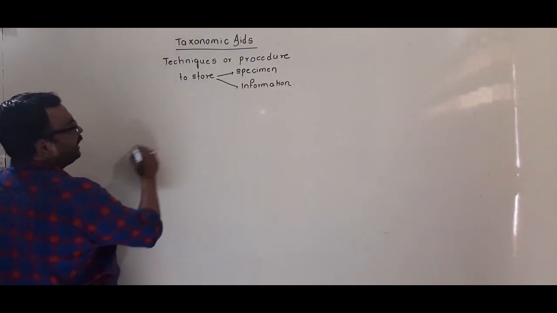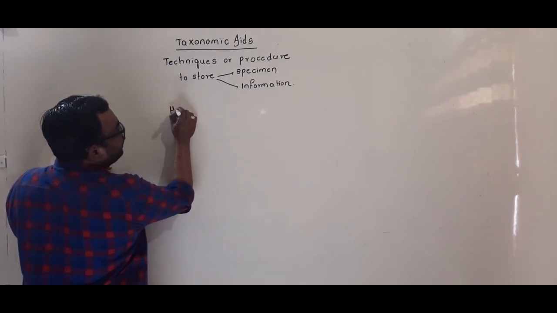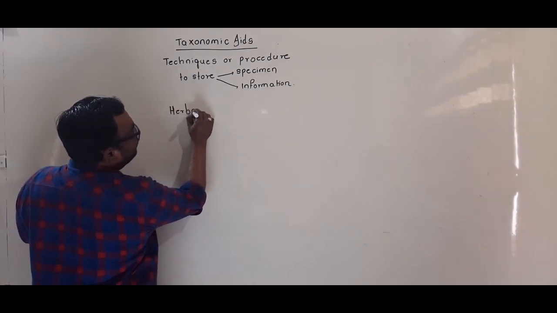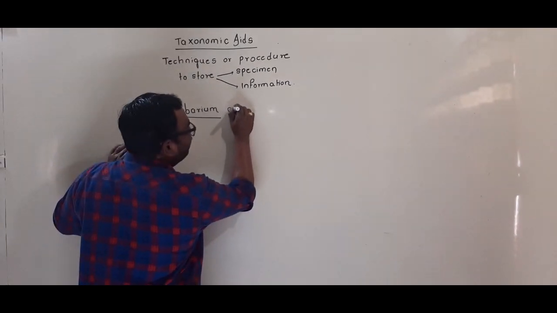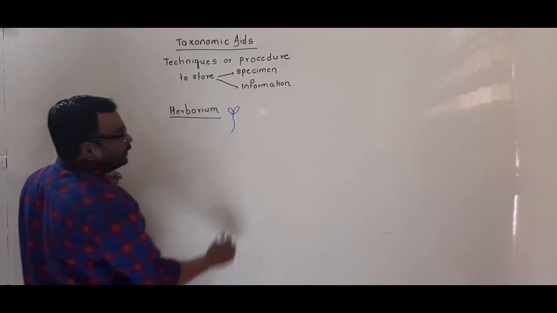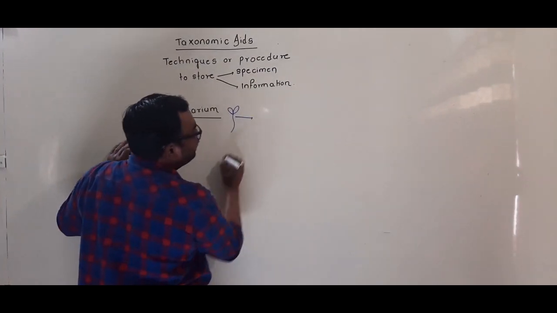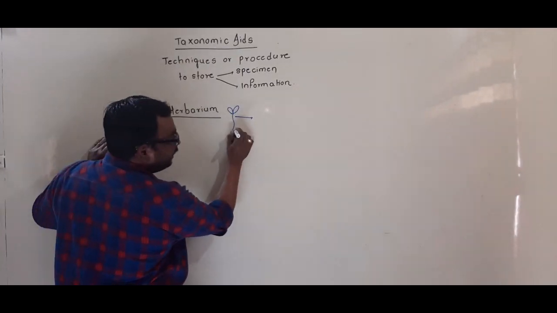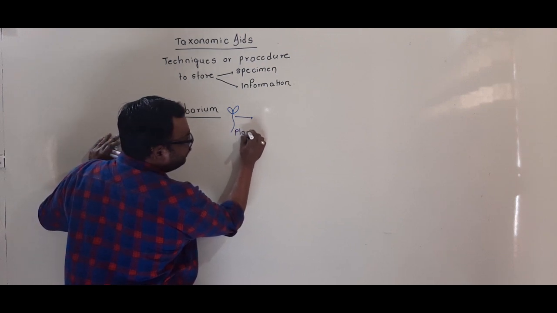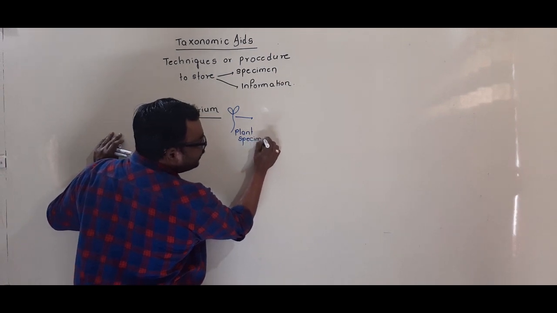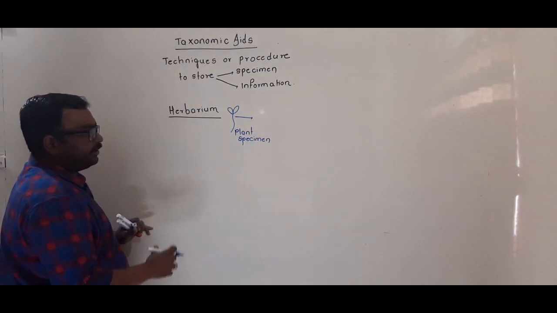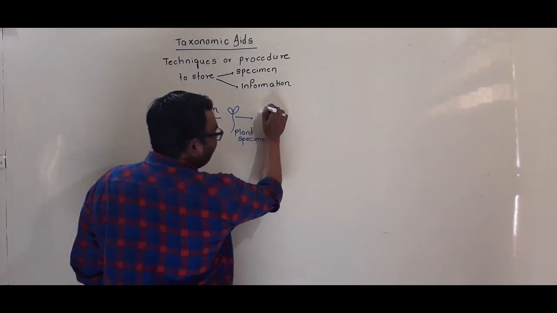The first taxonomic aid we are going to discuss is the herbarium. What is meant by herbarium? Let us suppose we have gathered one plant specimen. Listen, a herbarium has the information of only plant specimens. You should understand that. Whatever plant specimen is present, first, it is dried.